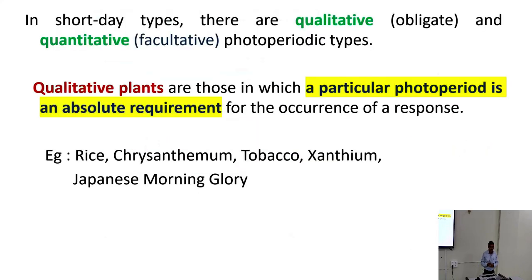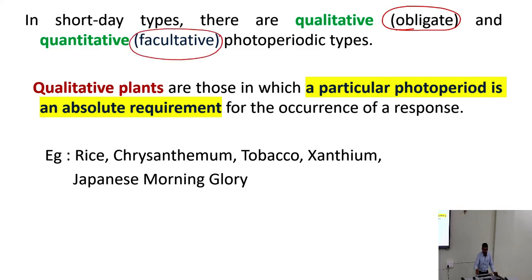Now let me explain that in short day plants, as I discussed, there is a qualitative short day plant and a quantitative short day plant. The qualitative short day plant I'm going to call obligate, whereas quantitative I call facultative photoperiodic types. In qualitative plants, remember this, a particular photoperiod is an absolute requirement.